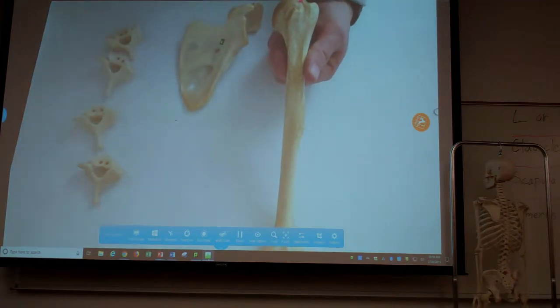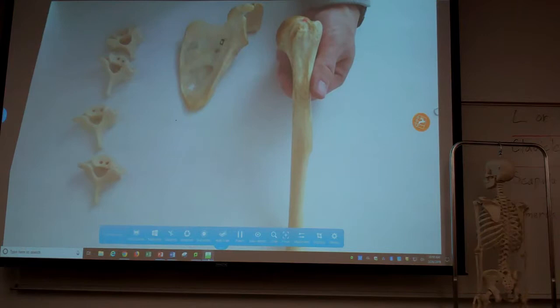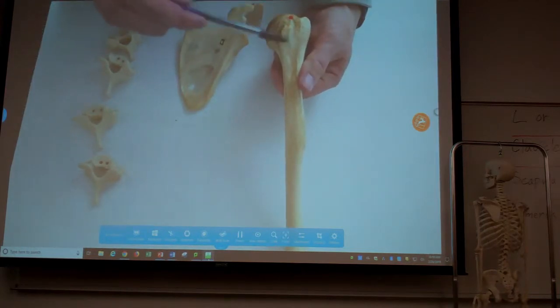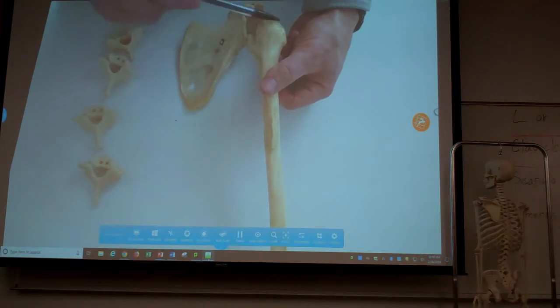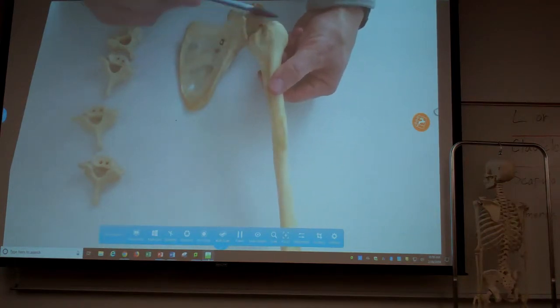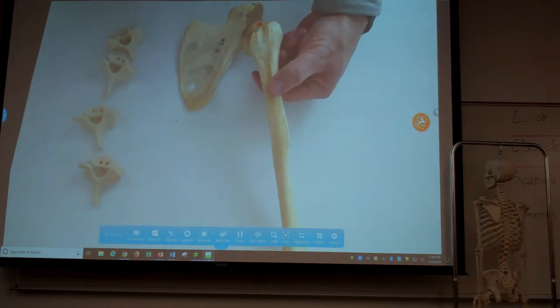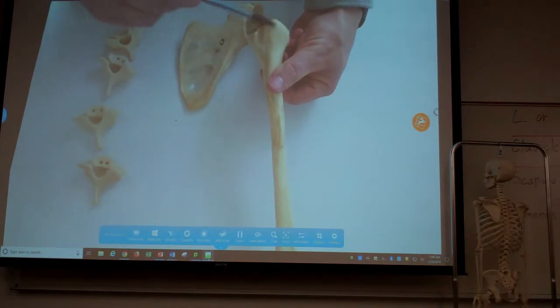Now near the head, we have two important landmarks. We have this bump here, and this big one here. The big one is the greater trochanter. Oh, sorry, I apologize. Greater tubercle. I'm thinking femur right now.